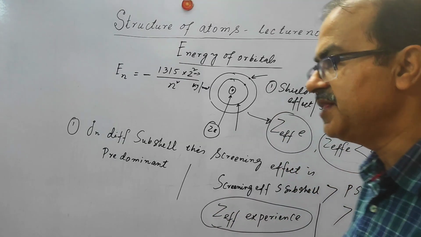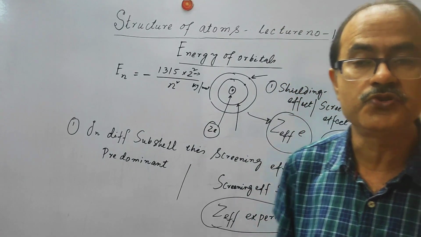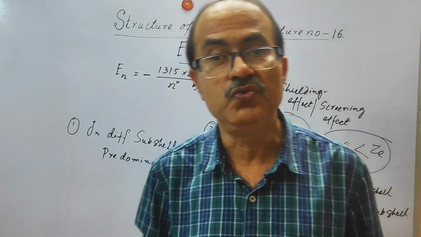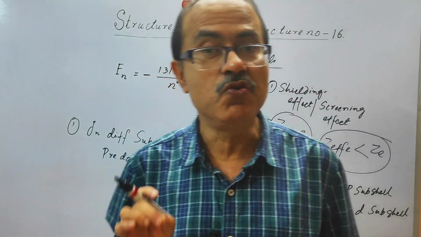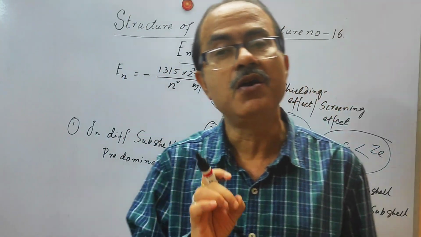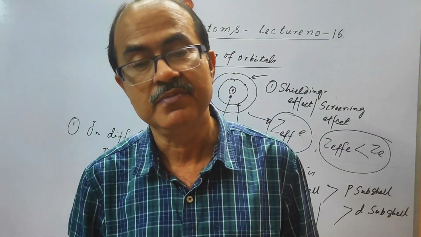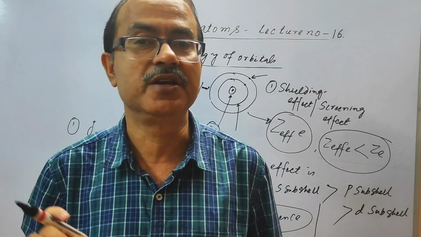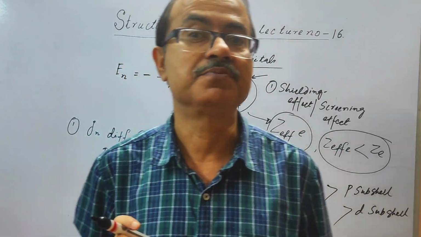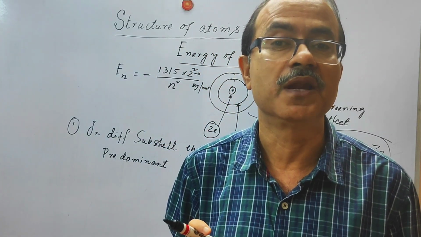There will be a different attractive force between the nucleus and the electron, and this is going to create a splitting of the energy within the shell itself, between the orbitals of the subshells.